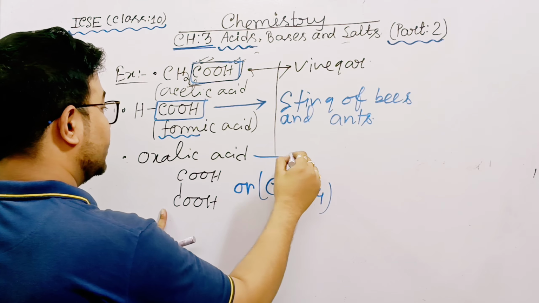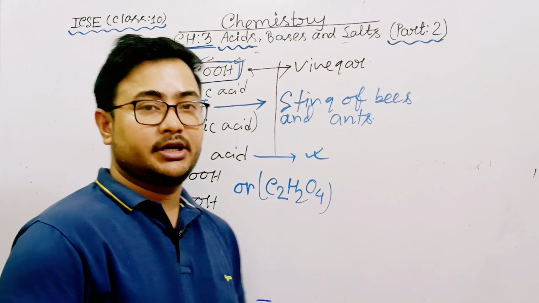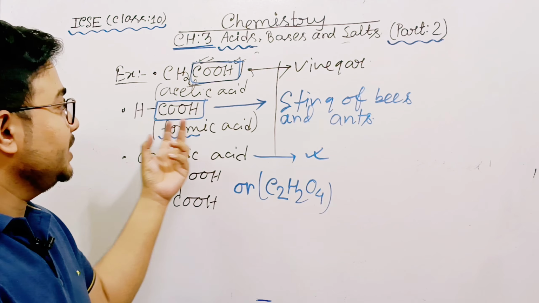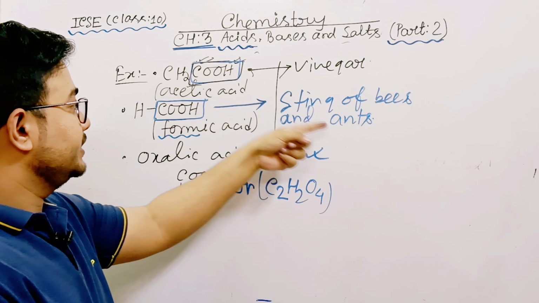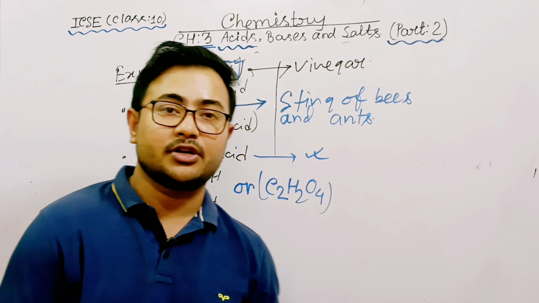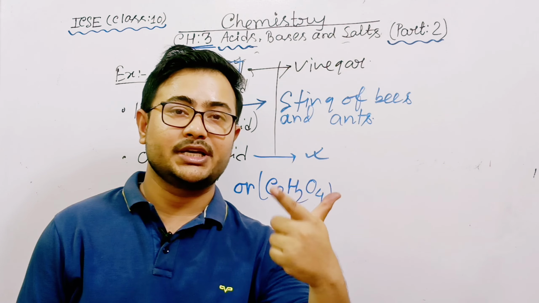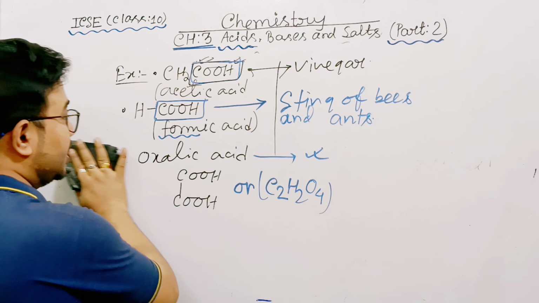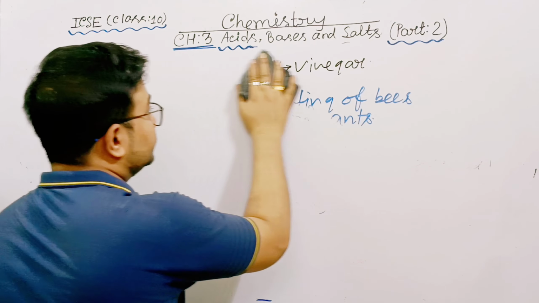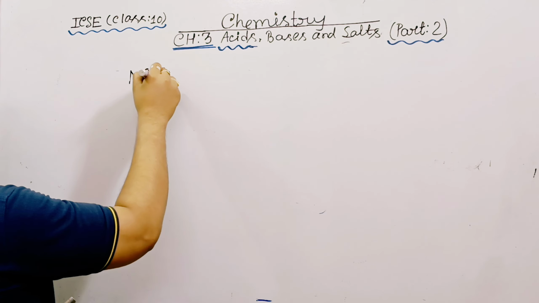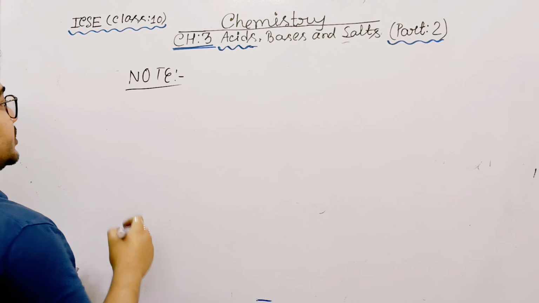Okay, oxalic acid present in tomatoes. Okay, in tomato oxalic acid available. Formic acid in the sting of the bees and the ants, and acetic acid is present in vinegar. Okay, I already told the example of inorganic acid: hydrochloric acid, sulfuric acid, nitric acid. Now exception under note. Exception is important for your board. Note, exception.